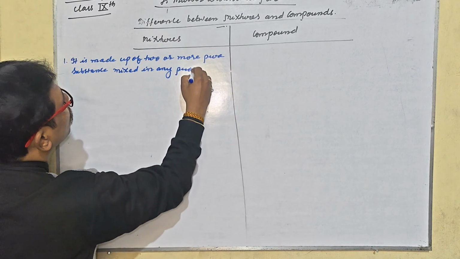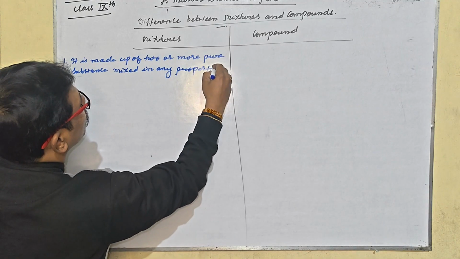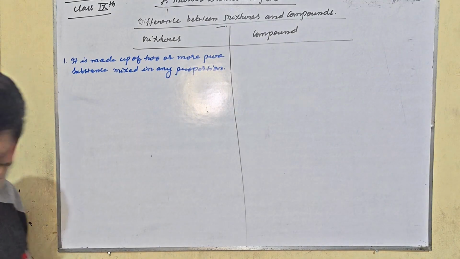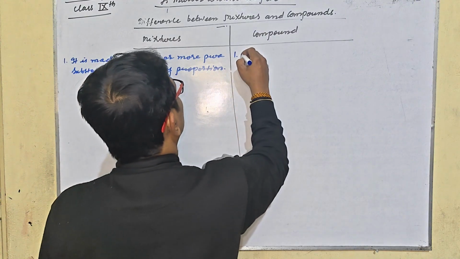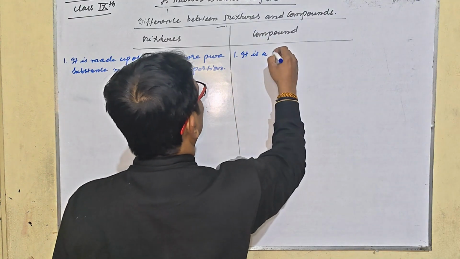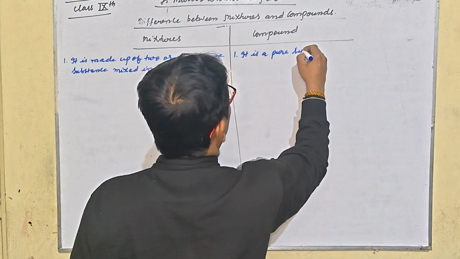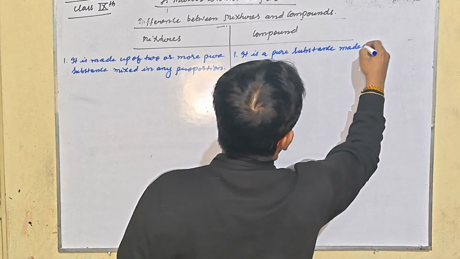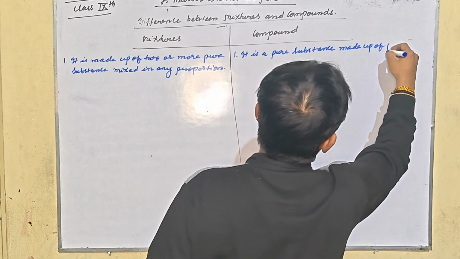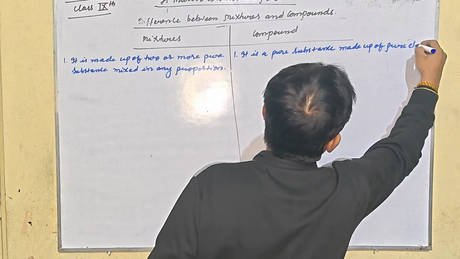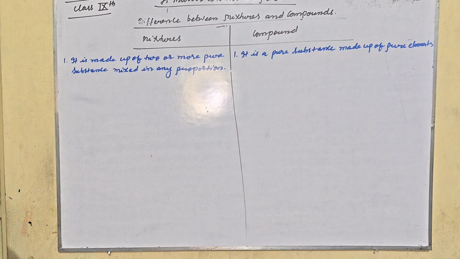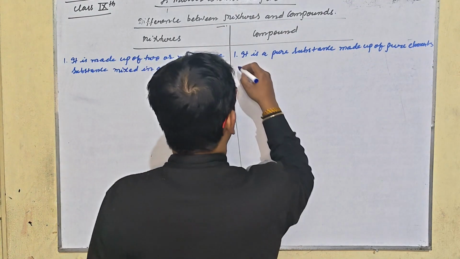A compound is a pure substance made up of two or more elements combined together in a fixed proportion.